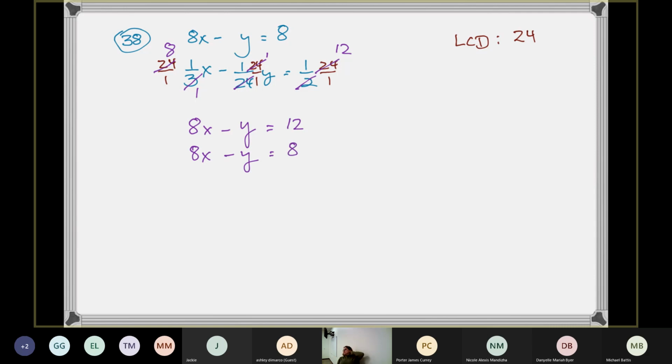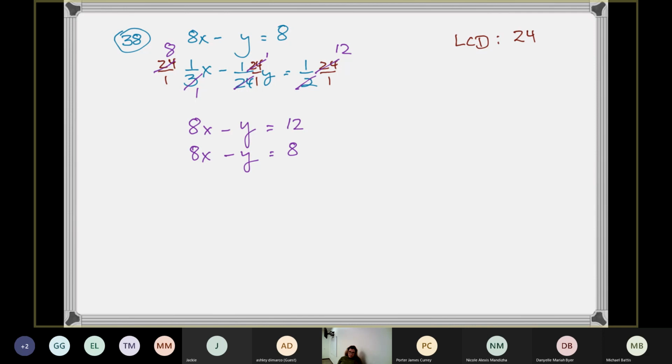Now we're going to learn the addition method in a couple minutes. I can already see here what the answer is. But we're doing substitution. We need to rearrange one. So does it matter which one?